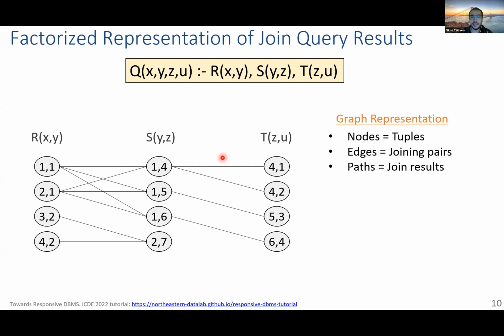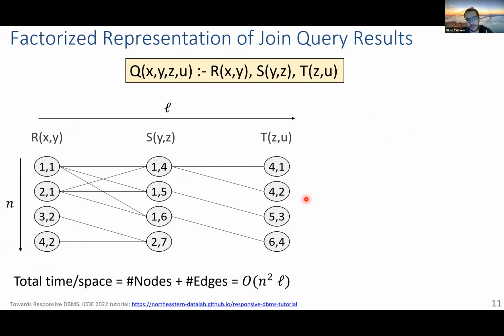So what we do here is we introduce one node for every tuple in the database. And so you can see that every relation essentially becomes a layer of nodes. And the edges between the tuples are the joining pairs. Now, the paths in this graph, if we start from left and go to right, are essentially the join results.